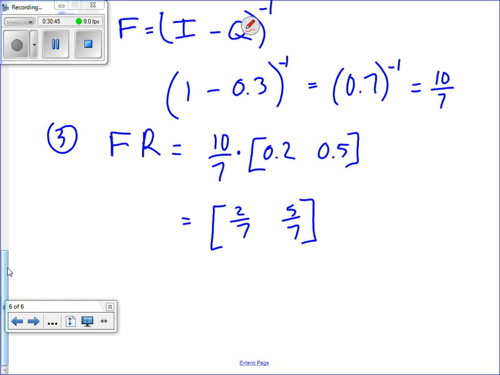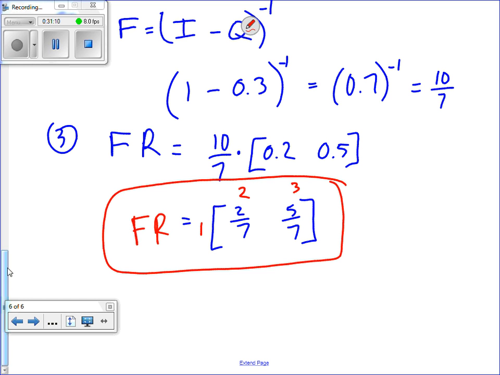So our absorbing states were 2 and 3, and our non-absorbing state was 1. So to go from 1 to 2 is 2 sevenths, and from 1 to 3 is 5 sevenths. So that's the exact answer as opposed to an approximation, which is what we did in, I believe, example 1.